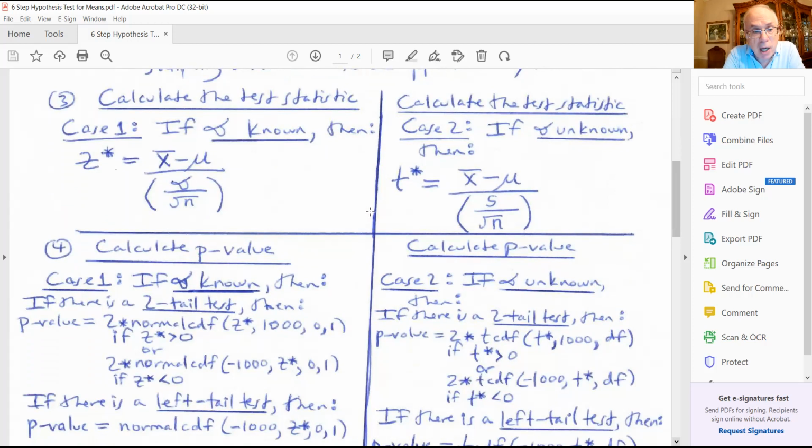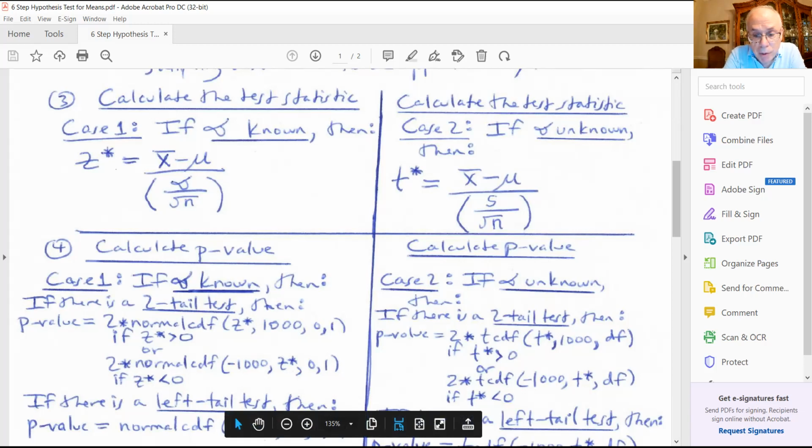If it's a two-tailed test, that is, if the alternative hypothesis says not equal to zero, then to calculate the p-value, we're going to use one of two formulas here.